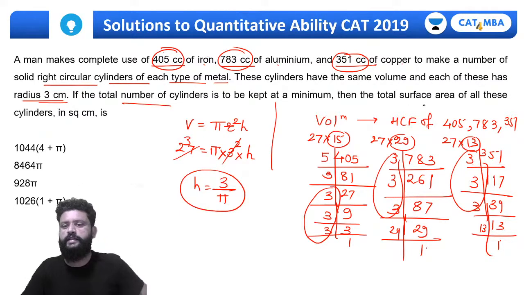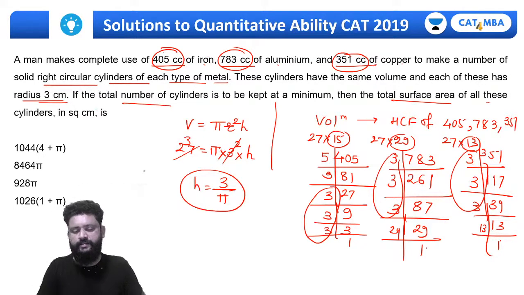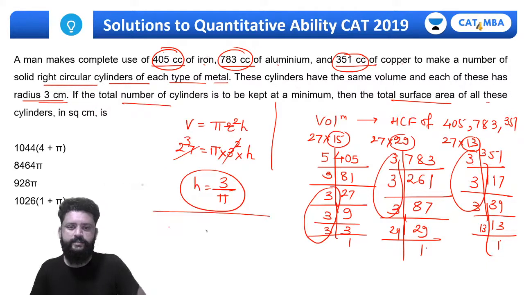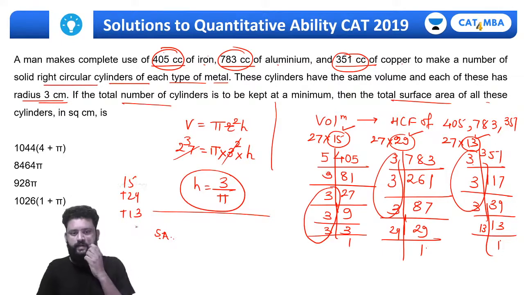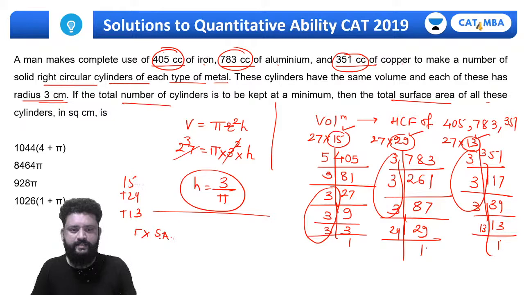Okay, after that then the total surface area of all these cylinders. Surface area of cylinder is how many times, but 15 cylinders, 29 cylinders and 13 cylinders. So 15 plus 29 plus 13, that comes out to be 57 times. So I need to take 57 times of surface area of one cylinder.